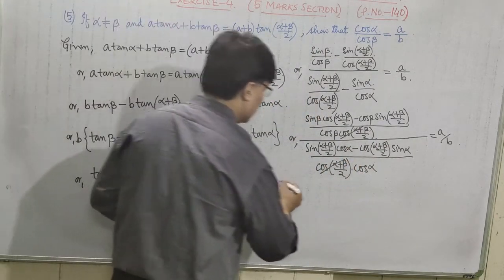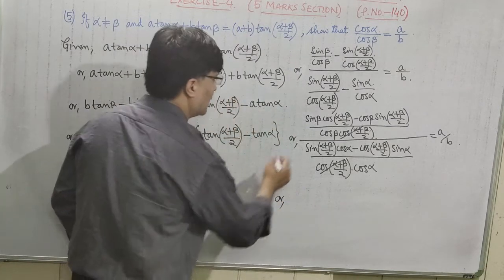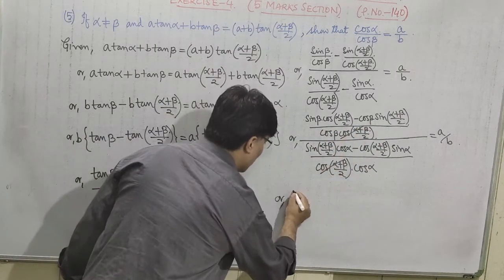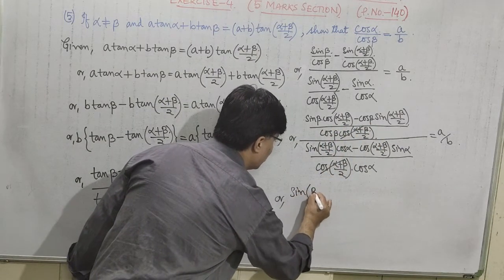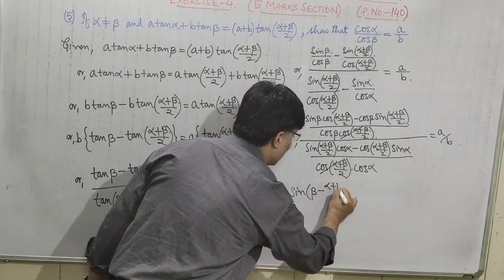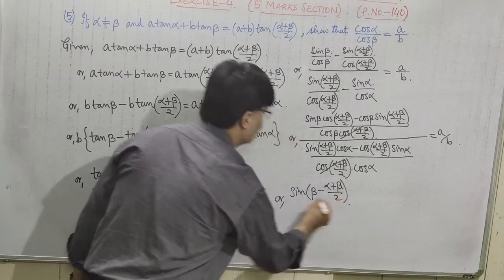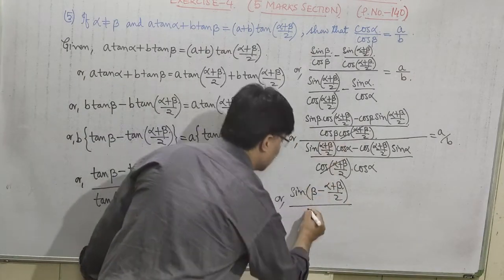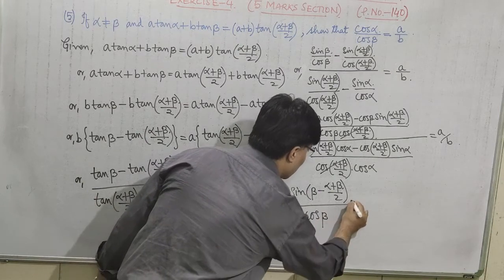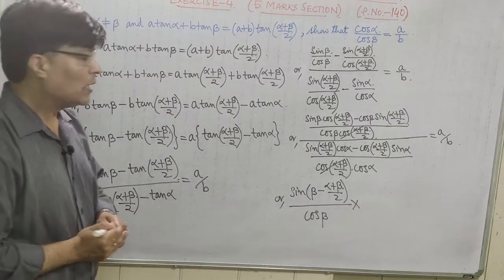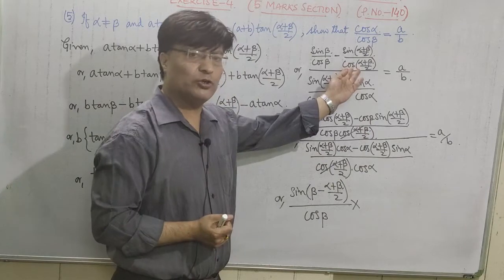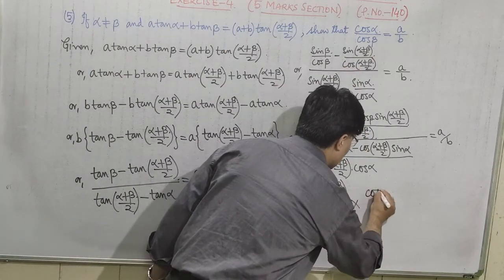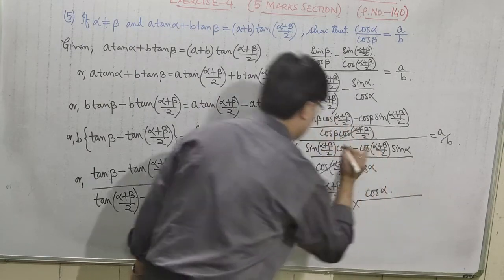Now let us simplify it again. In the numerator, what is the formula? Sin A cos B minus cos A sin B. The formula is sin of A, here A is beta, minus (alpha plus beta)/2, divided by cos beta. Now when this denominator goes up into the numerator, it becomes upside down, so cos alpha goes up in the numerator: cos alpha divided by cos beta.